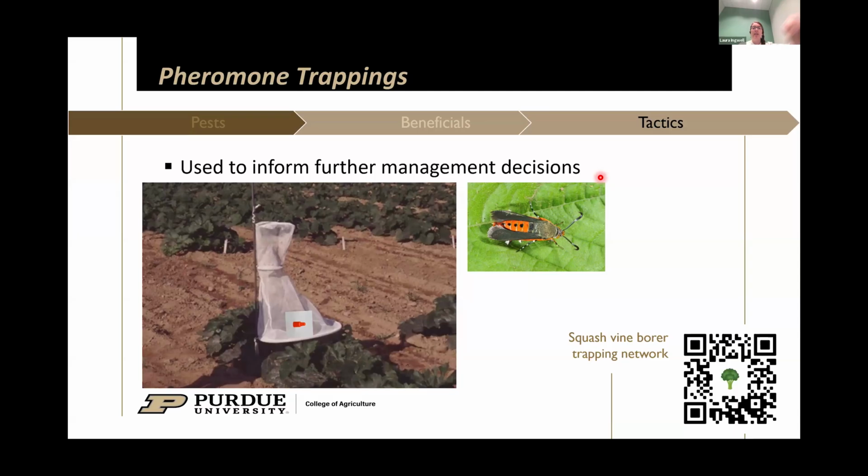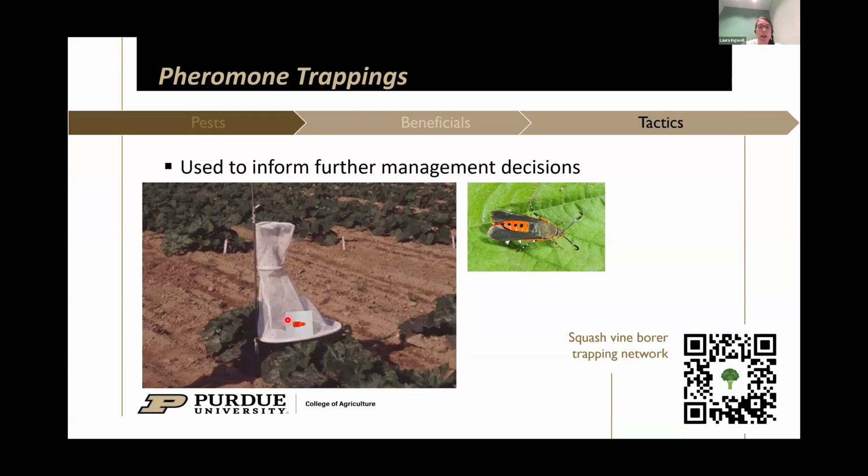We don't see it as often, but we do have a passive way of monitoring for this insect, and that is with pheromone traps. So the best trap to use is this Heliothids cone trap. You want to install it at the border of your field at the canopy height. And we have the opportunity to purchase a lure that smells like the female moths.